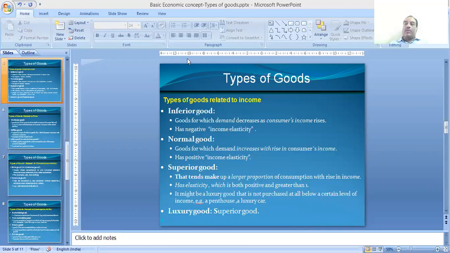A villa, a penthouse, a luxury car, all these are superior goods, purchased when the income goes up and up. Superior goods are also called luxury goods, and we have already discussed luxury in the previous class.